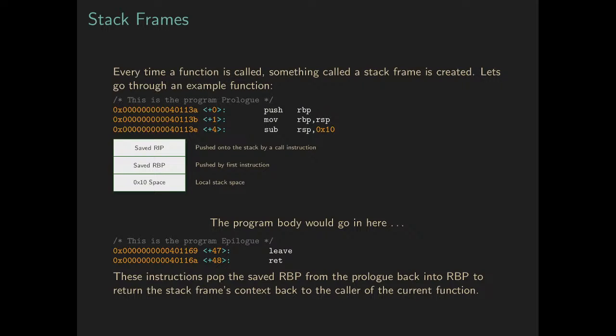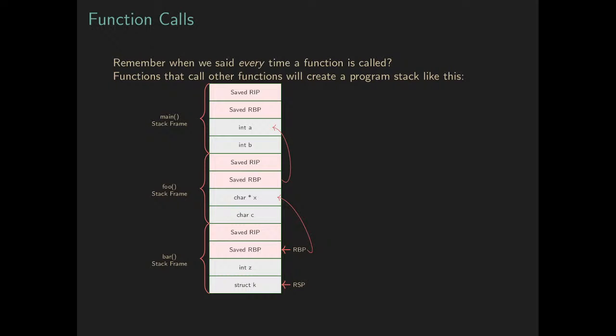When we're talking about how the stack looks, this is kind of how it would look when you call multiple functions. You always start with the saved RIP, which is automatically created every time you use the call instruction.